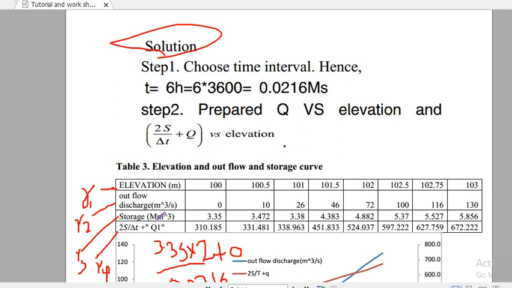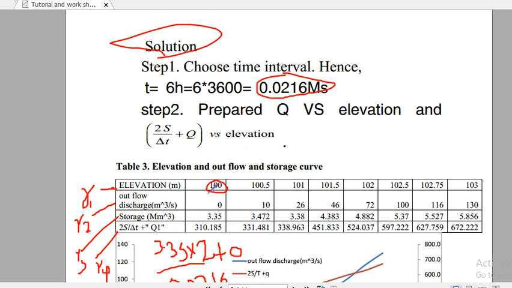And 2S over Δt plus Q, it is computed by using what? 3.35. For example, at elevation 100, the 2S over Δt plus Q can be calculated by using this formula: 2 times 3.35 over 0.0216, plus 0.